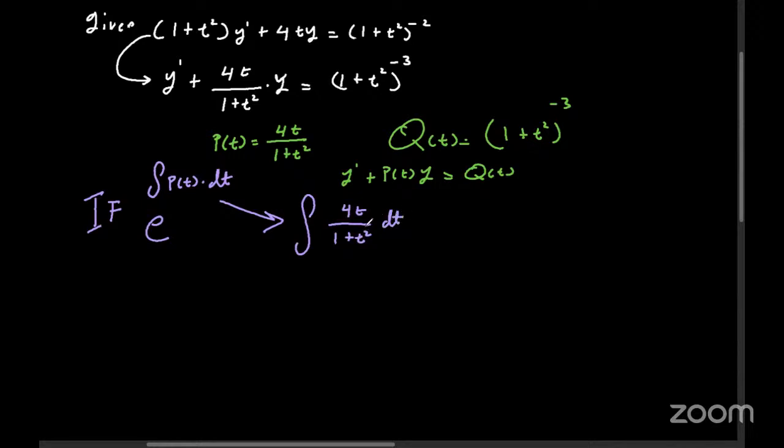Well, you could think substitution. You could do substitution if this was u, 1 plus t squared. du would equal 2t dt, and we have 4t, so you could just double it, and that would be 2 times the integral of 1 over u, which is the natural log.